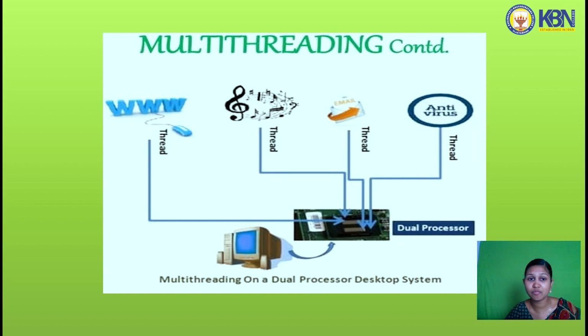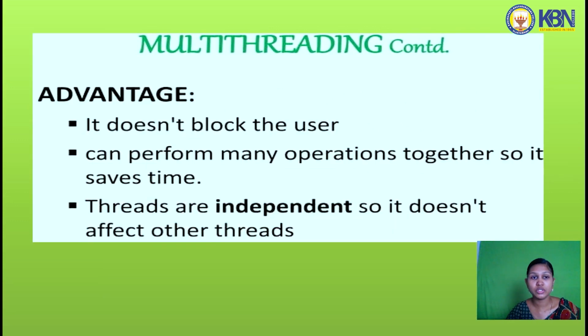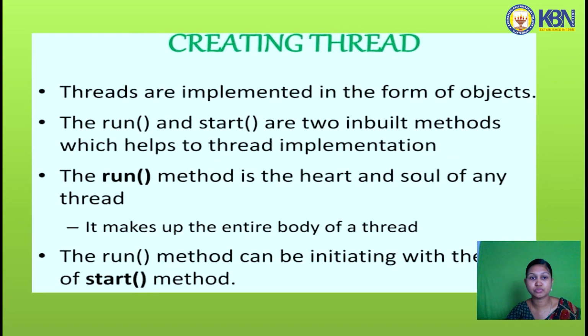In this diagram, continuously doing four tasks is known as multi-threading, here on a dual processor desktop system. Now, what are the advantages of multi-threading? It does not block the user, and it can perform many operations together, so it saves time. These threads are independent, so they do not affect other threads.